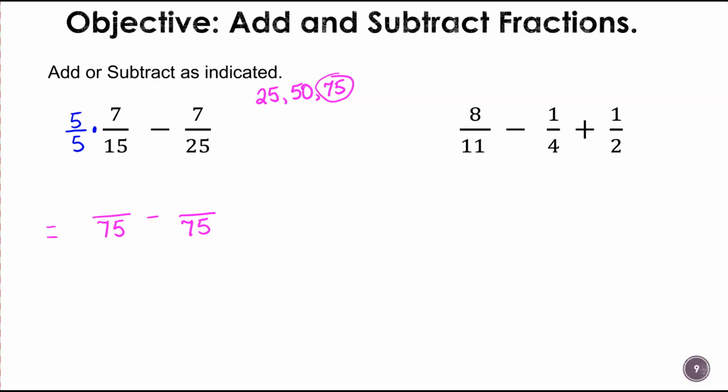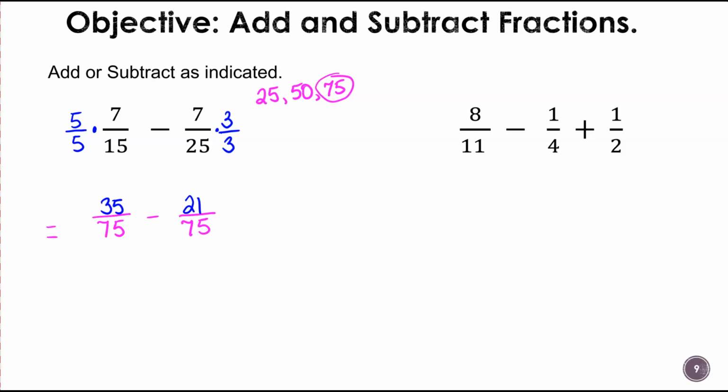So once again, I'm multiplying by 1. 1 can take on whatever form it needs to be. In this case, it needs to be a 5, so that I get 5 times 15 equals 75. So my numerator will be 35. And then on my denominator, I need to multiply it by 3 to get 75. And my numerator will be a 21.